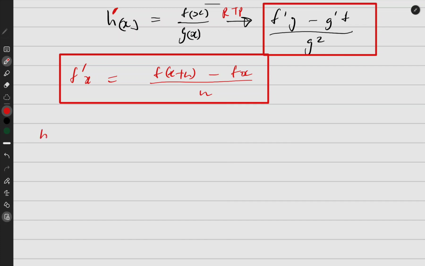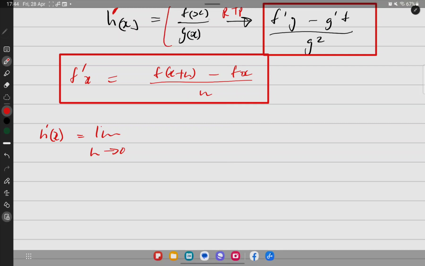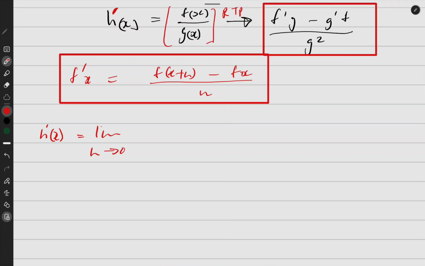Let's talk about our function h of x. We're differentiating it, so we find the limit as h approaches 0 of the function. This function is made up of two functions, obviously.